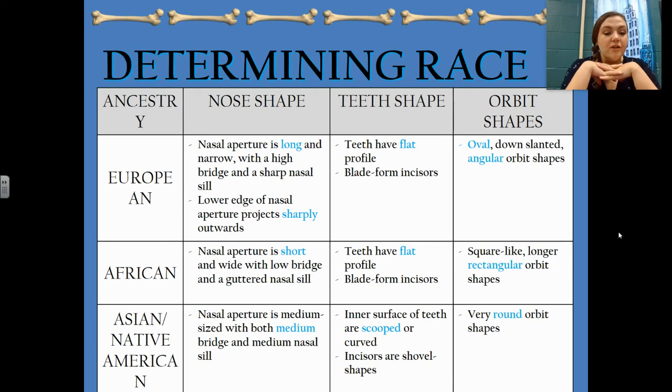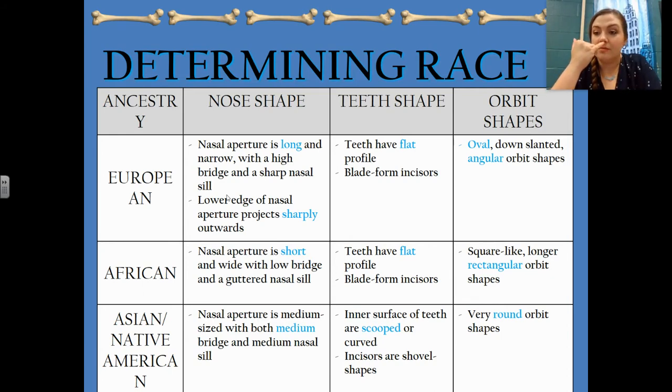All right, so ancestry, European. Let me show you a picture of this in a second so you can visualize it better. Their nasal aperture is long and narrow with a high bridge and a sharp nasal sill. That's the little part that sticks out right here under your skull. It's much pointier in European ancestry.